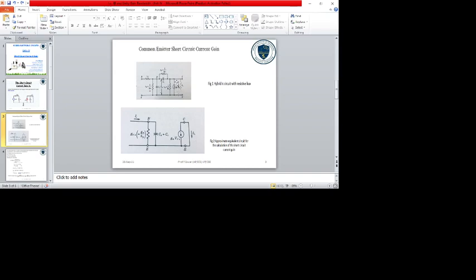Under low frequency analysis, we have to consider certain conditions in which the feedback resistance and output resistance are connected in parallel. After applying the condition, we can get the parallel combination of feedback resistance and output resistance.